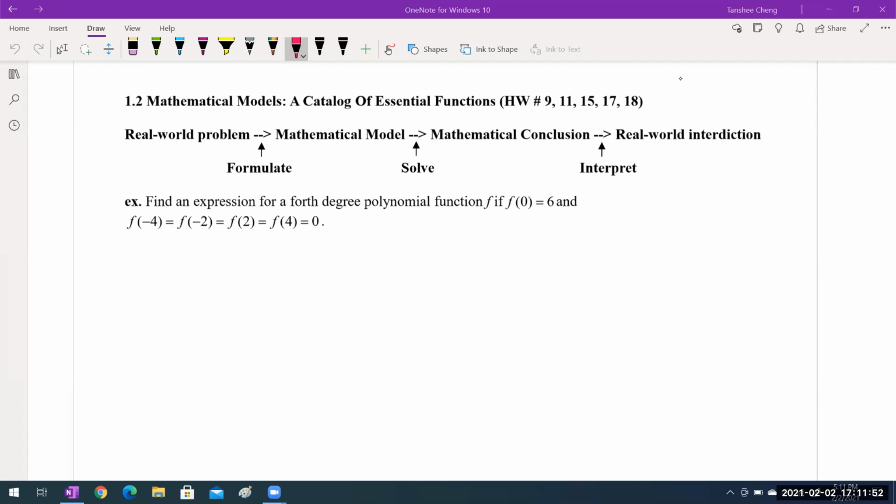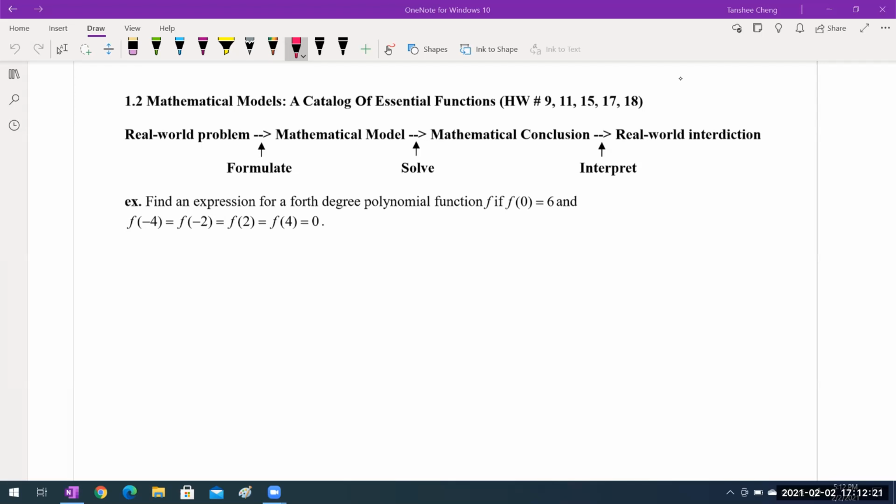So the first one is giving you an idea or recall on how to rewrite a polynomial function. In this case, it's given to you the zeros of the polynomial function, which is f of -4, f of -2, f of 2, and f of 4 is equal to 0.